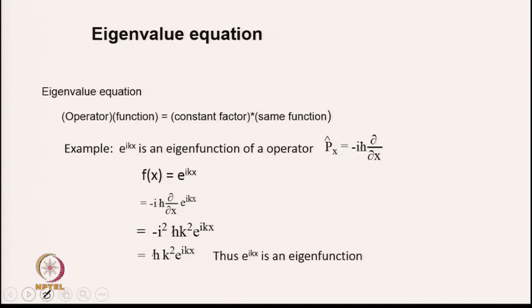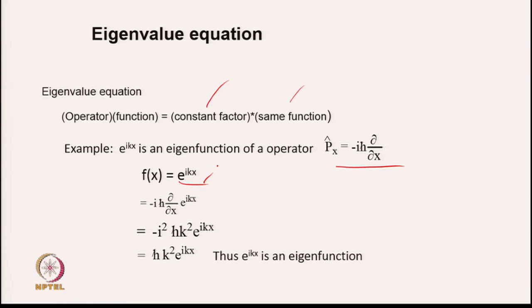So let us see. Now we are going to apply the momentum operator, which is minus i h cross del by del x, on the function e to the i k x, and see whether we get a constant multiplied by the exponential i k x.